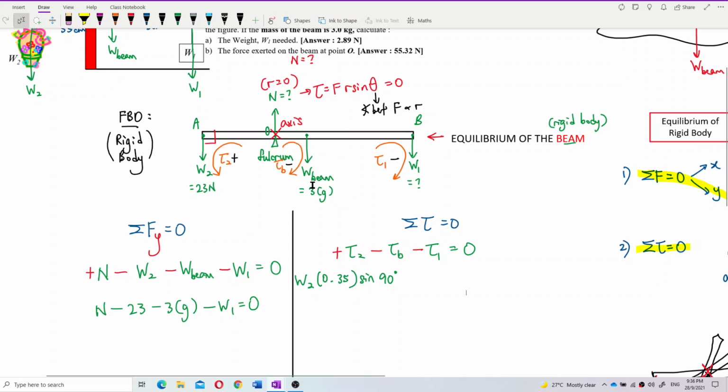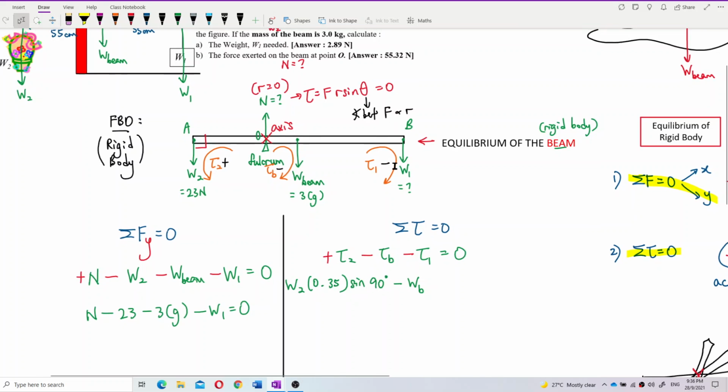Now how about the beam? The beam has torque beam. Okay, so first of all, let's write it down. Negative. So what's the force? The weight of the beam. The weight of the beam, just put WB. And then what is the distance?